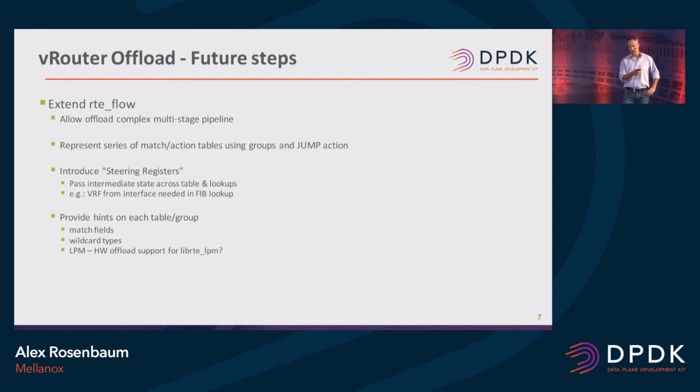So a packet on the egress flow, or ingress flow, will be able to go through the entire classification, routing classification and LPM in hardware and reach the correct decision and action moving forward. So maybe we should hook it into the librte LPM. We haven't looked into that much further, but it's something we're starting to think about, and I'll be happy to discuss if anybody has looked at this later on.